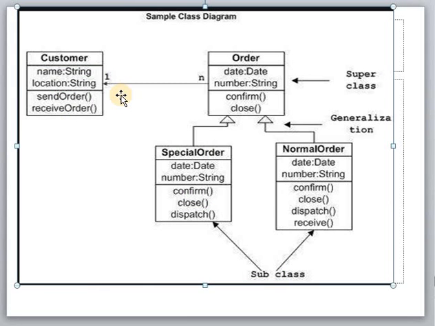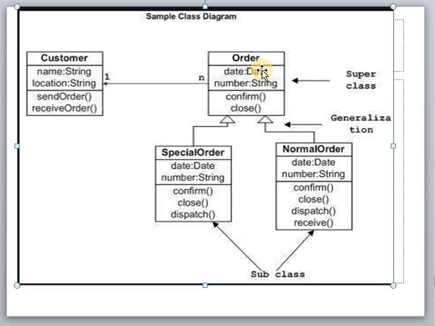In an order processing system, there will be two main classes, the customer class and the order class. The customer can make multiple orders and one order belongs to only one customer.